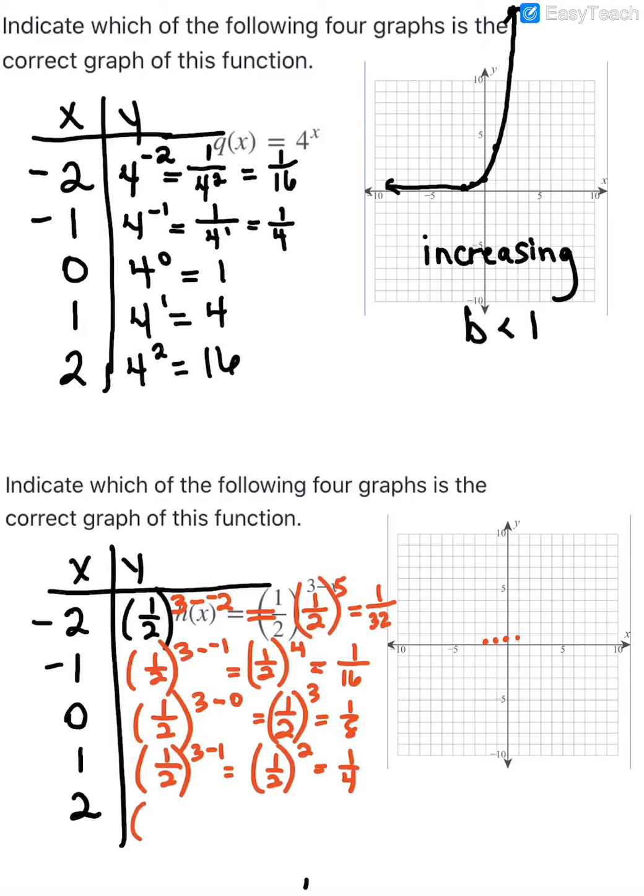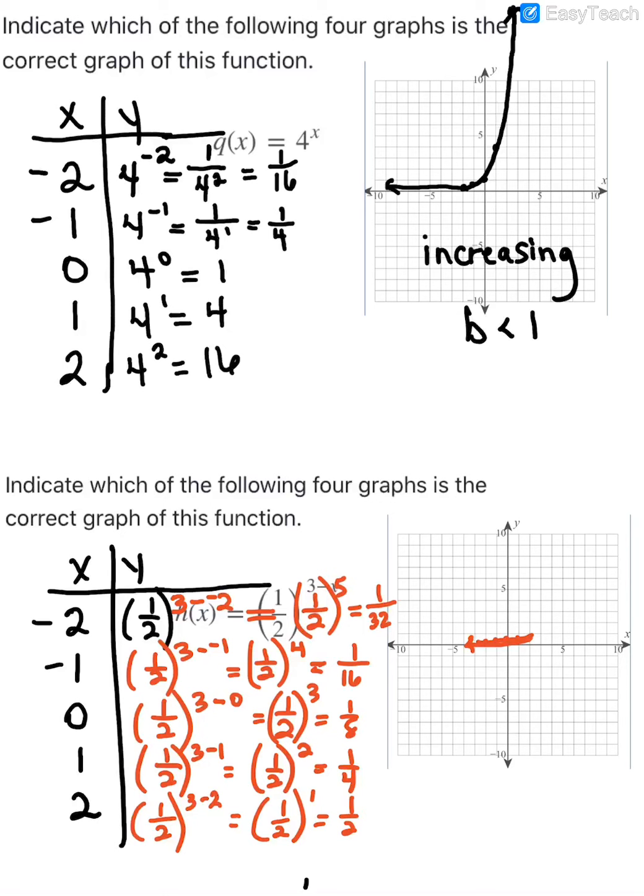When x is 2, and I plug that in, I'm going to raise it to the power of 3 minus 2, so that'll leave me with 1/2 to the first, which is just a half. And again, that should really be right there, so these points should be. So they're going up. You still have what we call an asymptote right there.